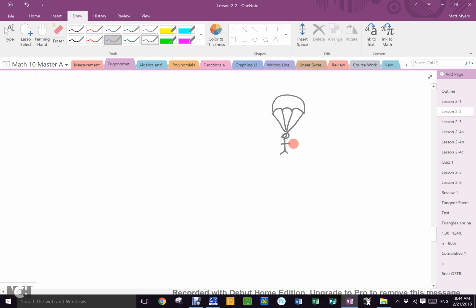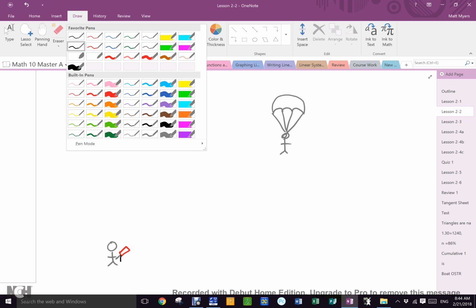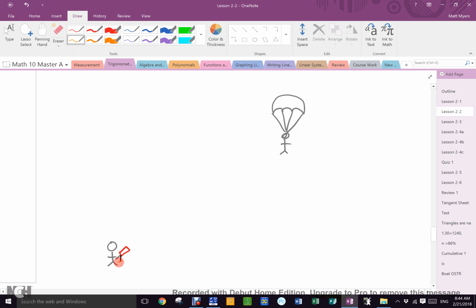I look down and I see my good friend Ryan aiming a bottle rocket at me. Right? Now, where is Ryan's angle of elevation? Up. So it would be between here. It's right in there, yes?